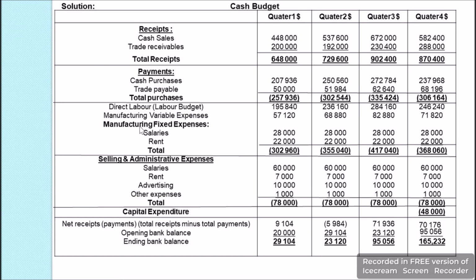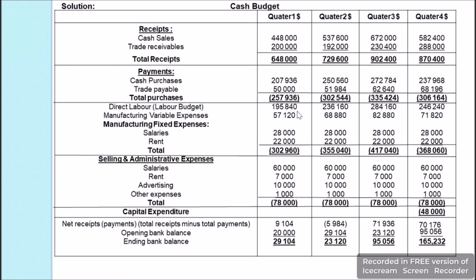Then we have manufacturing fixed expenses. Salary is $28,000 per quarter, that is for the first, second, third and fourth quarter. Then the rent again is $22,000 for each quarter. Then we total this up.